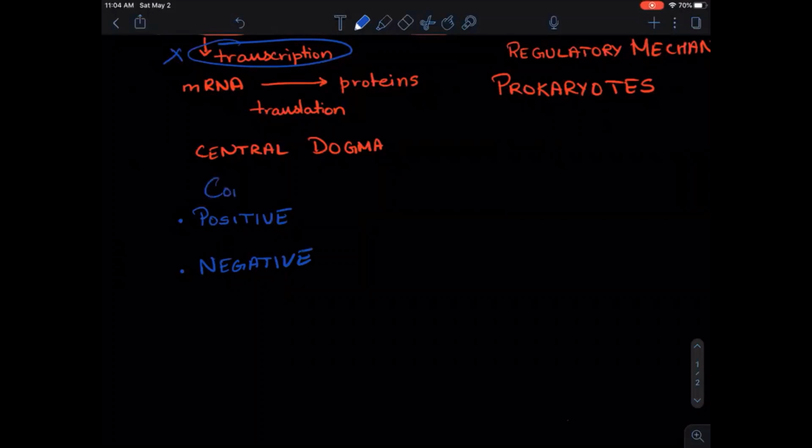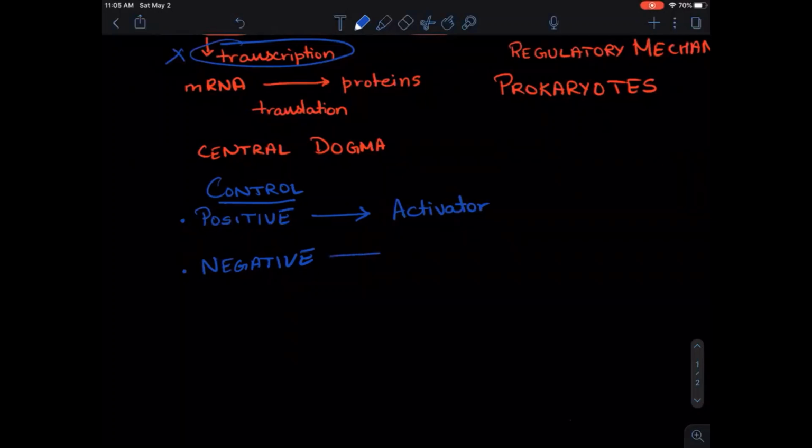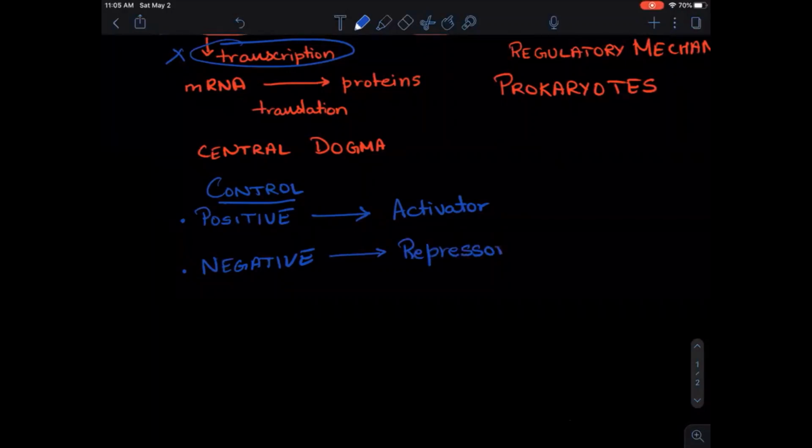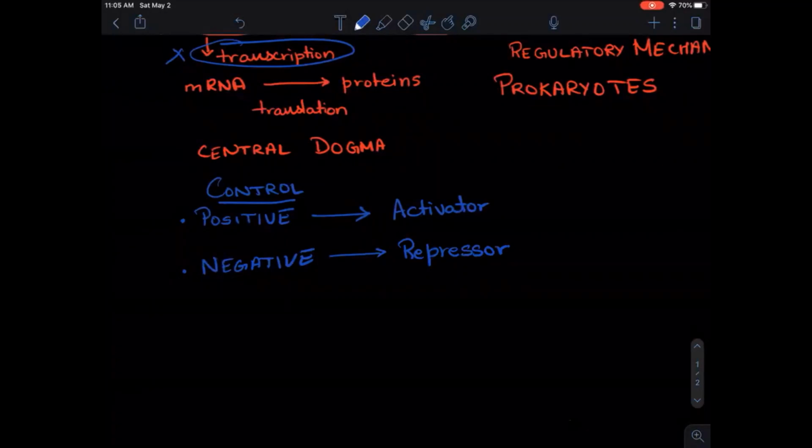In positive control, there is a molecule known as the activator, which has to be present to form the mRNA. However, in negative control, there is something called the repressor, and in the presence of the repressor, transcription is inhibited.